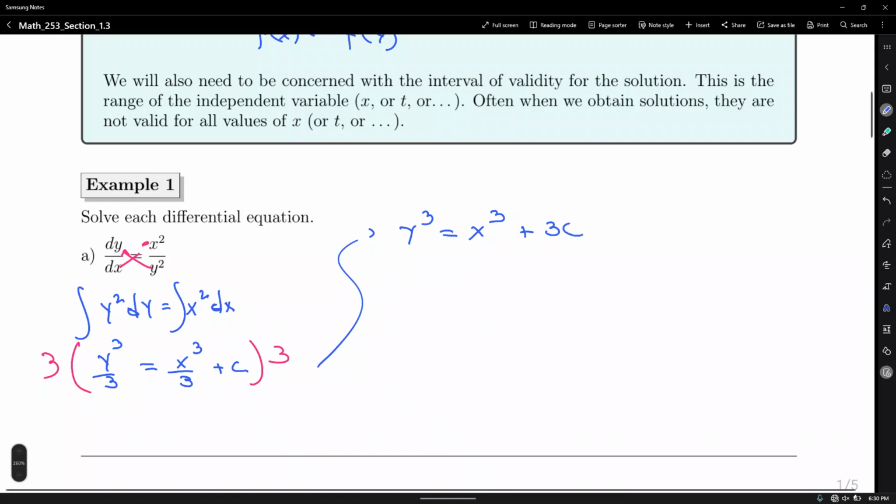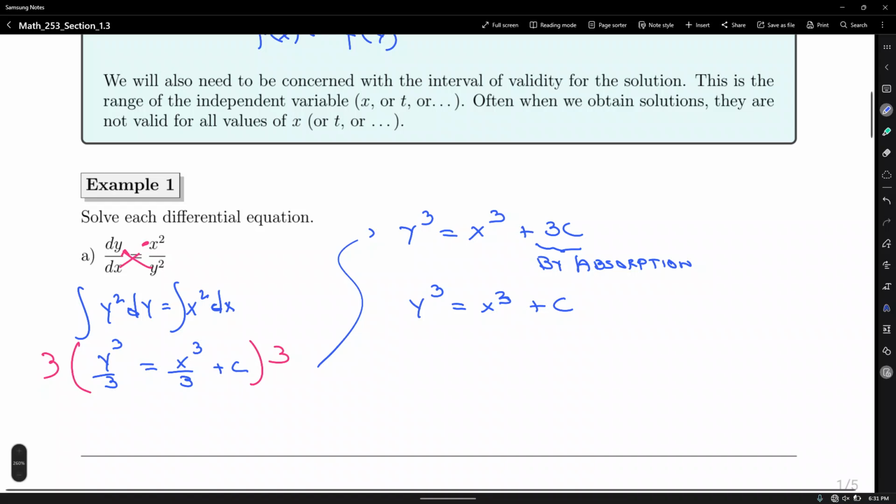Okay, guys, when it comes to multiplying by that constant of integration, by absorption, 3 times a number that we don't know what it is is just another number, because, again, we don't know what it is, right? So, by absorption, we're going to do a lot of this, okay? That's y cubed equals x cubed plus just another c.